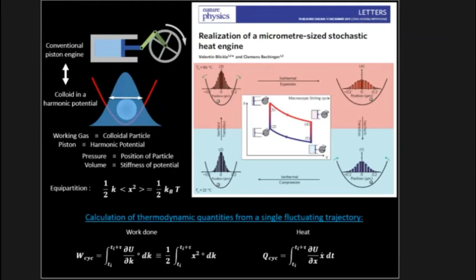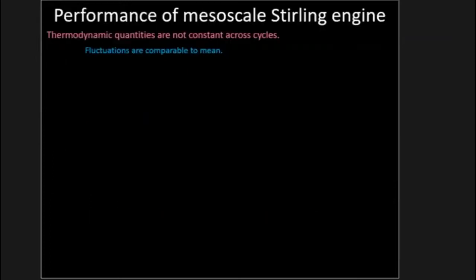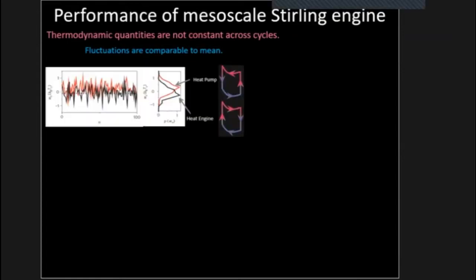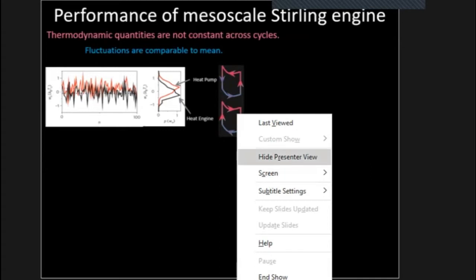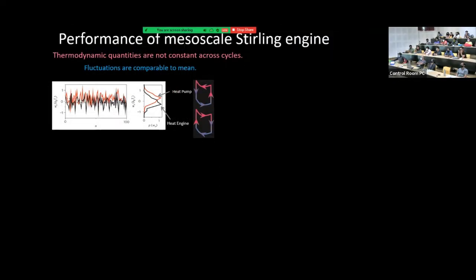Now, without going into further mathematical details of how one can calculate the thermodynamic quantities out of a single fluctuating trajectory, I can tell you that the thermodynamic quantities are not going to be constant across cycles, since there is only 1 degree of freedom, and the fluctuations are going to be comparable to the mean. So in this plot, I'm plotting the work per cycle as a function of cycle number for both the forward and the reverse direction of the cycle.